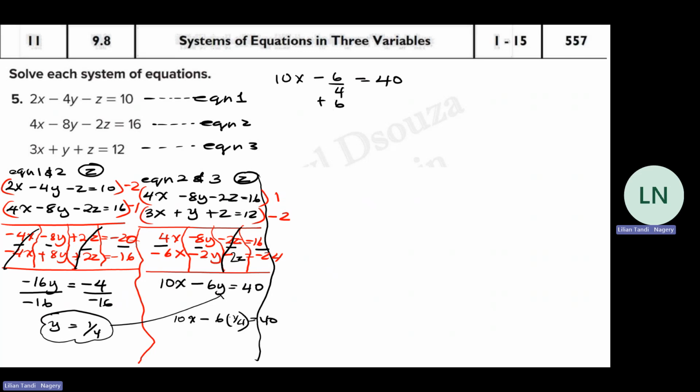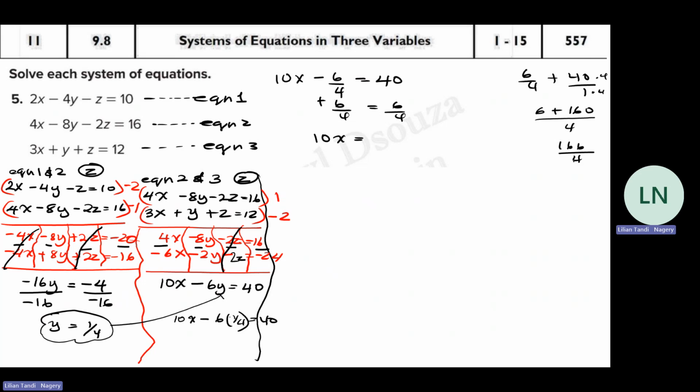You're going to add 6 over 4 on both sides. So you're going to have 10x equals to 6 over 4 plus 40 over 1 multiplied by 4 over 4. That will be 6 plus 160 over 4, 166 over 4.